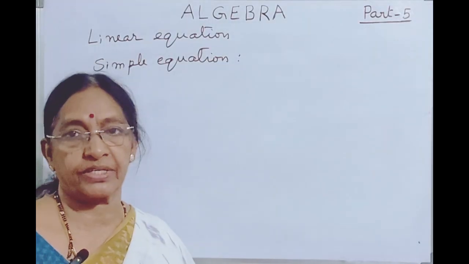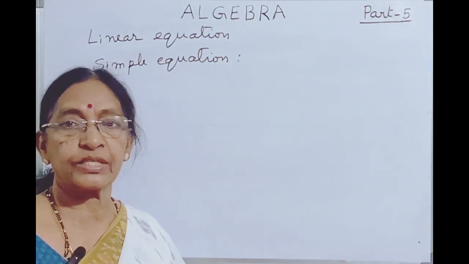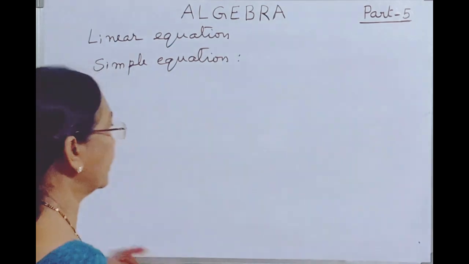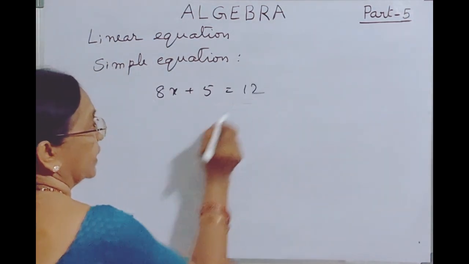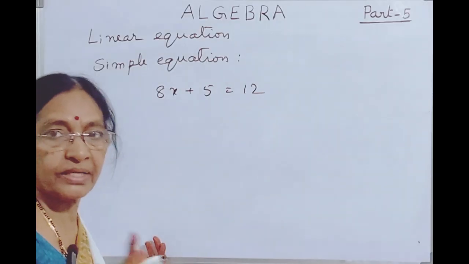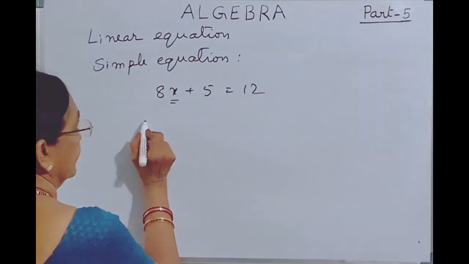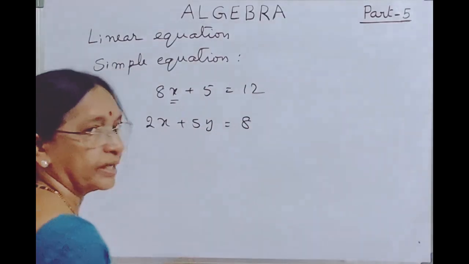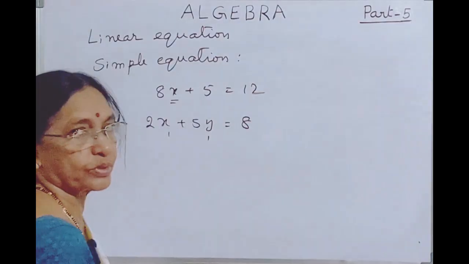Next, simple equation. A linear equation in which there is only one variable is called a simple equation. For example, 8x plus 5 is equal to 12. This is a simple equation because there is only one variable x. Next, 2x plus 5y is equal to 8. This is not a simple equation because there are two variables.